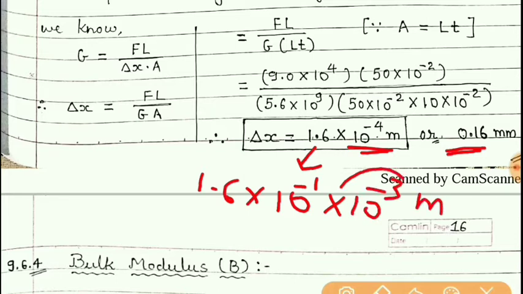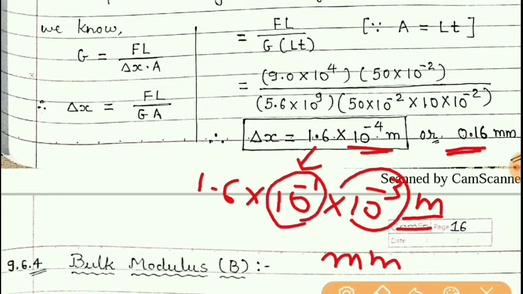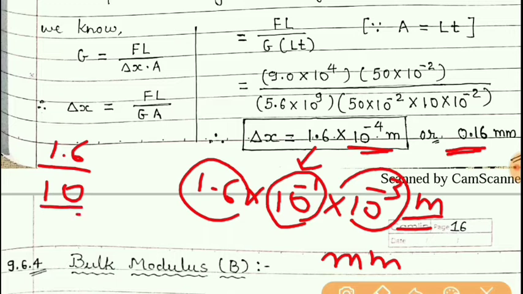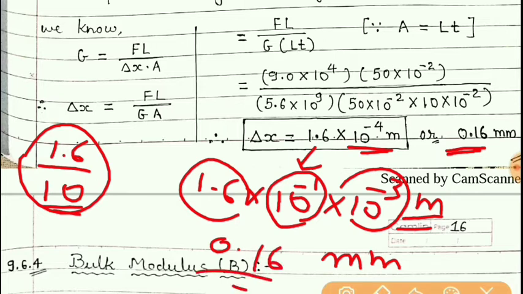But what is 10 raised to minus 3 meter? This can be written as mm, and 10 raised to minus 1 into 1.6 means 1.6 divided by 10, because 10 raised to minus 1 means it is divided by 10. So this can be written as 0.16. So 0.16 mm.